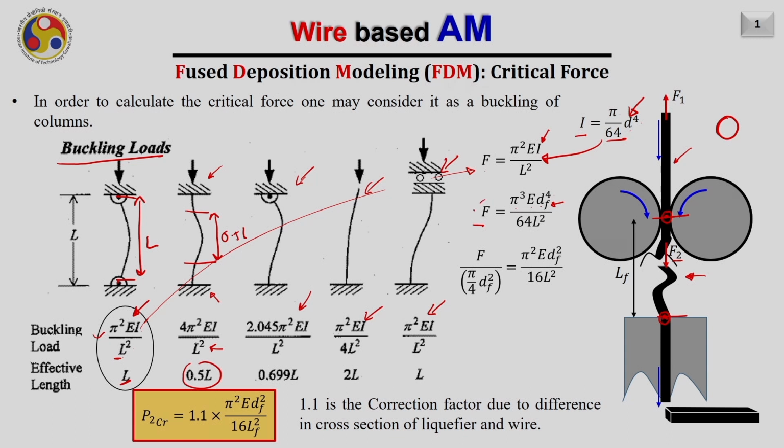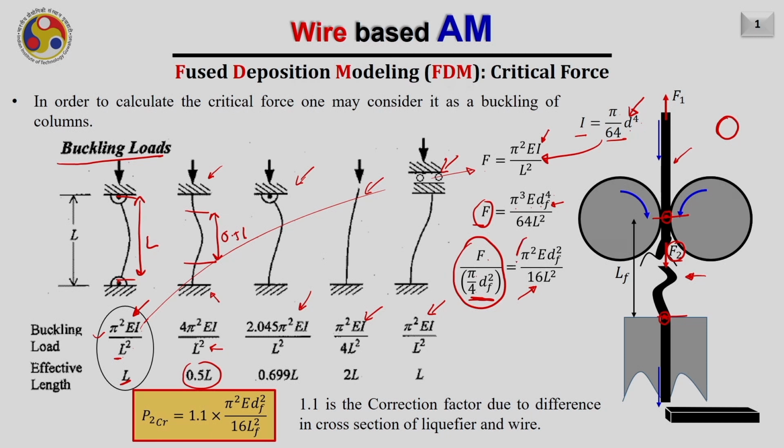Again, if I divide this force F2 acting on the wire by the cross section area of the wire, then I will have the stress acting on the wire, and that will be equal to F divided by pi by 4 df square. As a result, the right side term will also change.